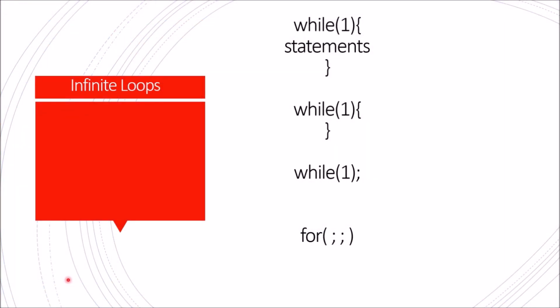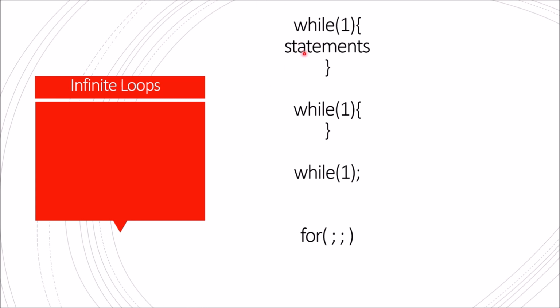There are some implementations of loops in which a series of statements are going to be repeated over and over, and the statement evaluated will always be true. So the execution of the loop is not going to end, but it will be an infinite loop.